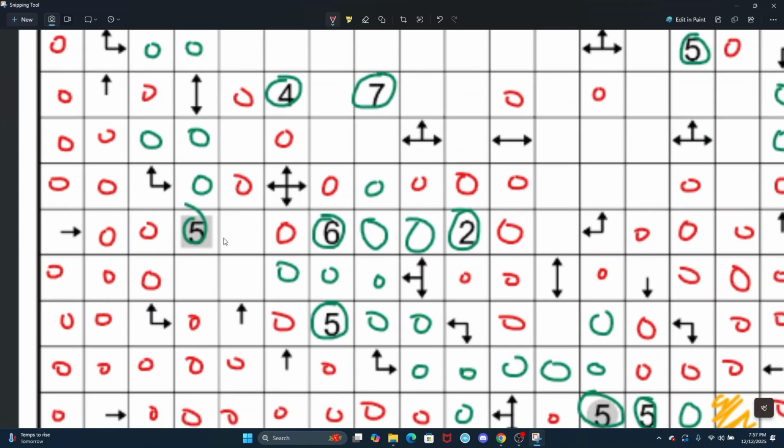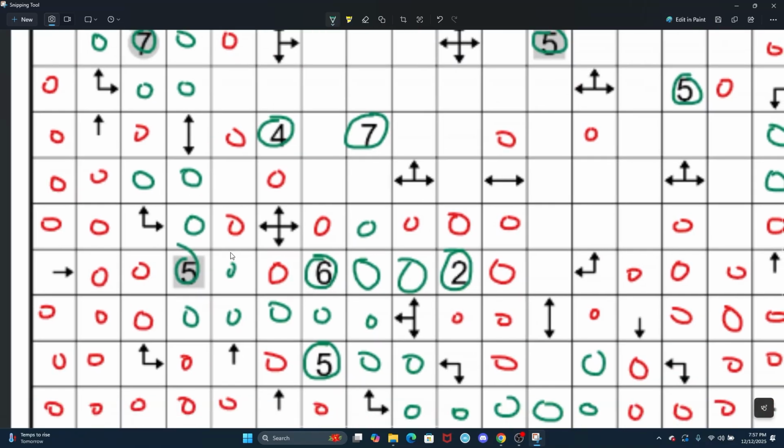And so now this 5, we see that there's only 3 unmarked cells left, and there's 2 green cells already adjacent. So these cells must all be green, right, to satisfy the 5 adjacent cells.